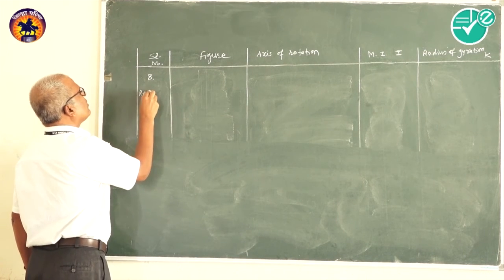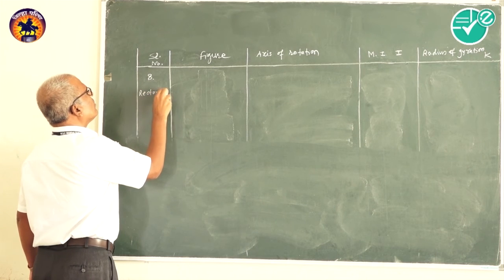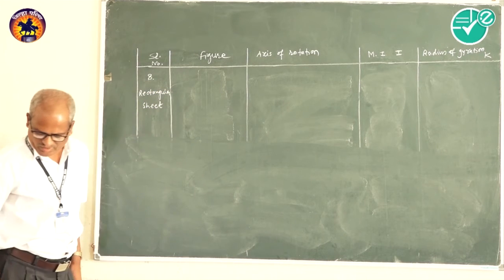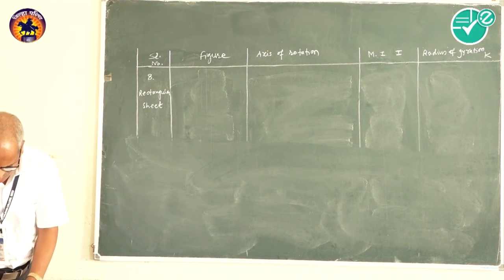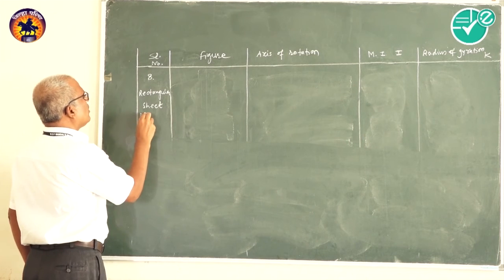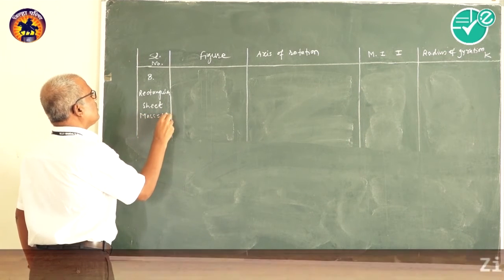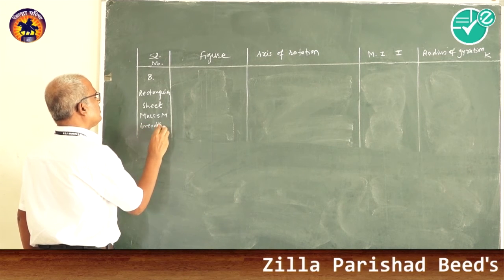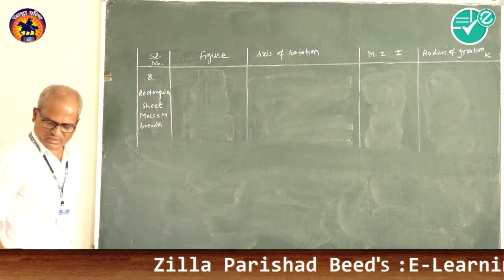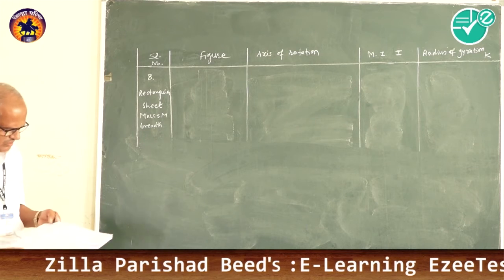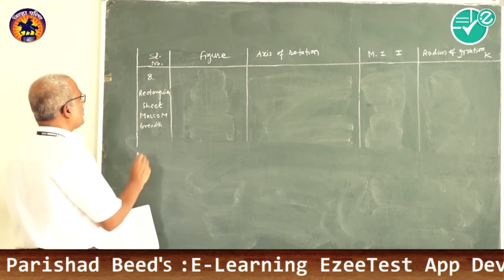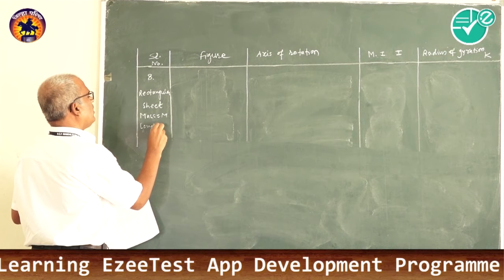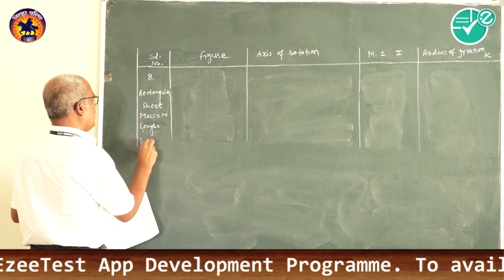Rectangular sheet. Mass, length and breadth. Mass m. I will write first the length and then the breadth.